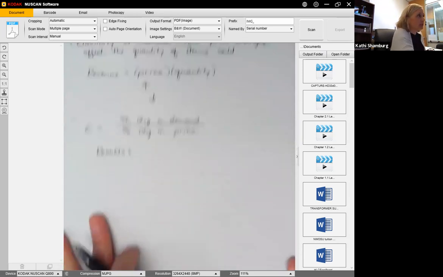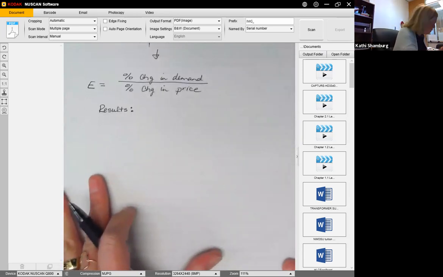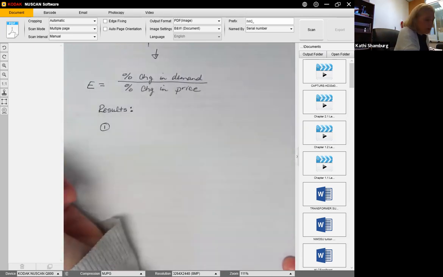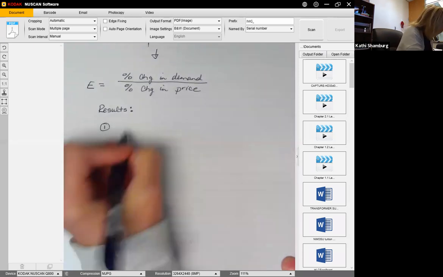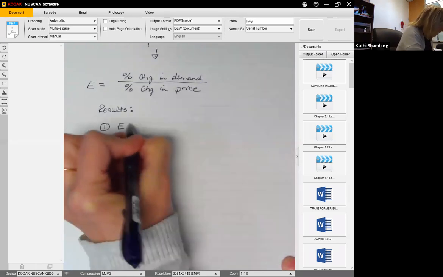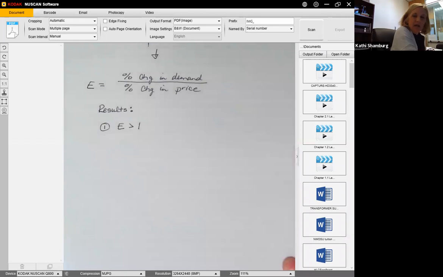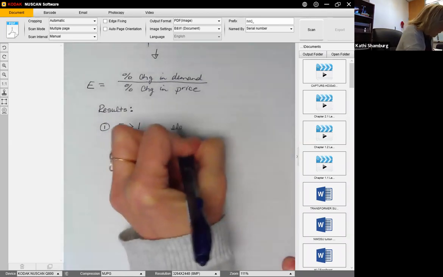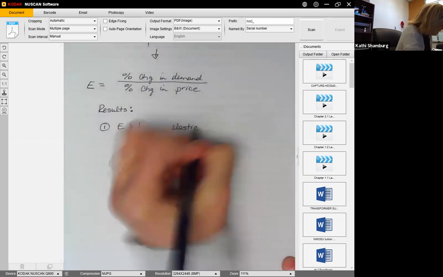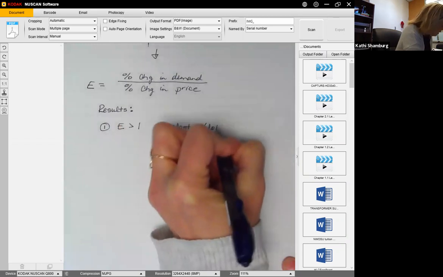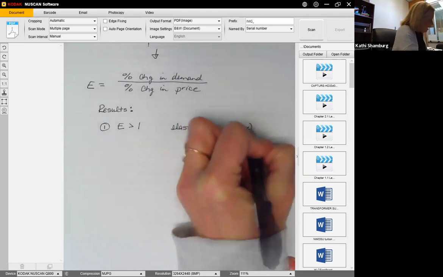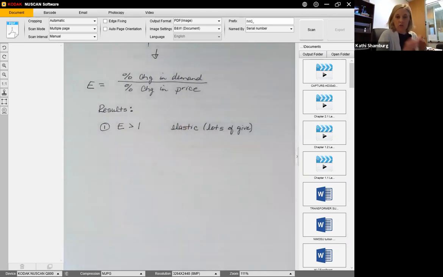That's what we're most interested in. There are 3 different possibilities. When we calculate E, if E is a value greater than 1, then we consider that as being elastic, meaning there's lots of give we can have in the price. So it's very elastic if it's greater than 1.